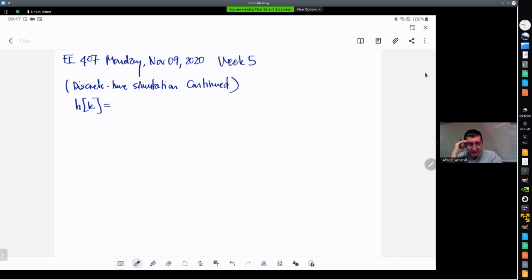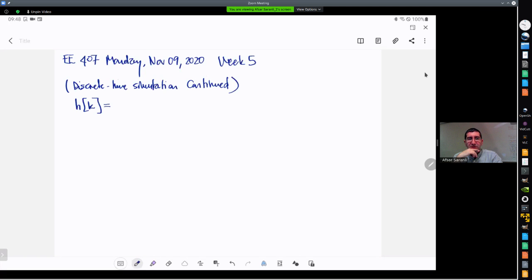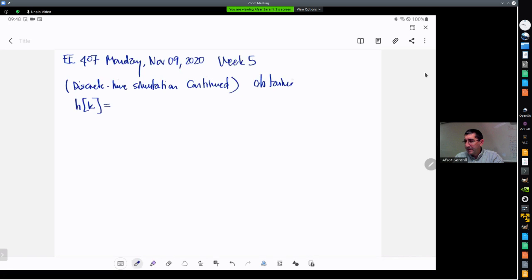So this was a nonlinear system that we assumed a finite time interval, and we approximated the derivative operation by a finite difference along that interval. And that gave us, instead of a differential equation, a difference equation.